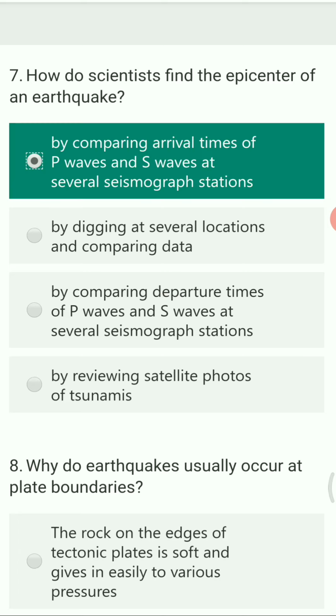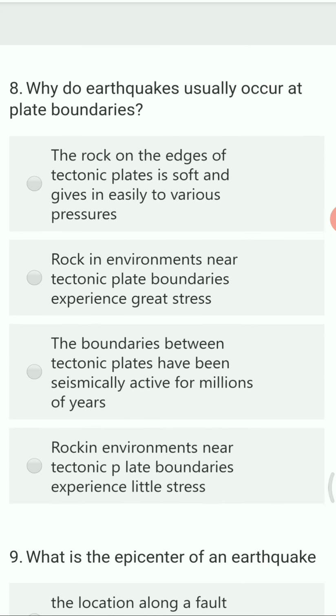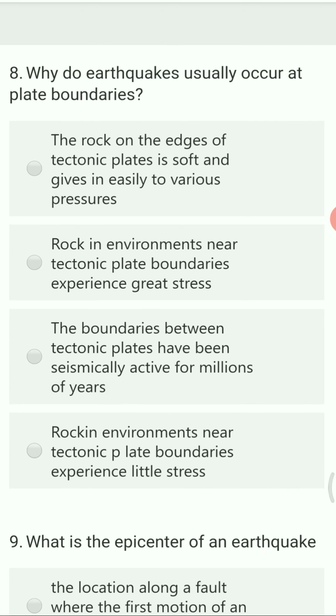The right answer is they compare the arrival times of P waves and S waves, because as soon as the earthquake triggers, the P waves start originating, and immediately after that the S waves originate. So by comparing the P wave and S wave with the help of a seismograph, they can find the epicenter of a particular earthquake.